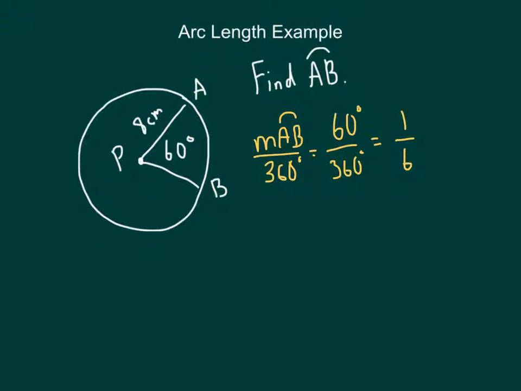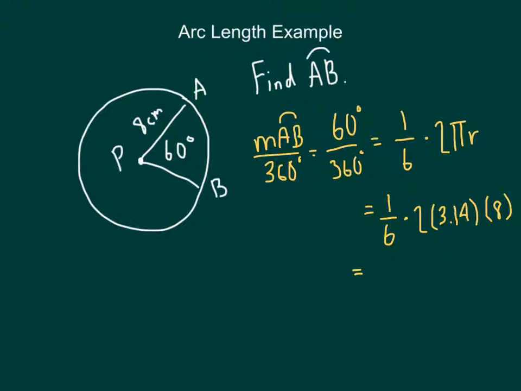Then we can multiply that by the circumference of the circle. Well, the circumference is just, like we saw before, 2 pi r. We know that the radius is 8, so if we plug that in, we're going to do 2 times 3.14, our pi value, times 8.